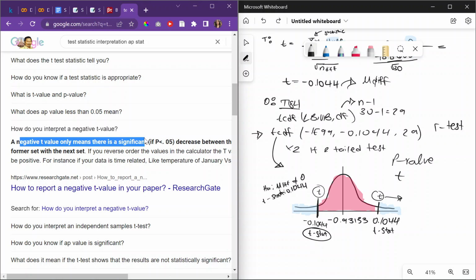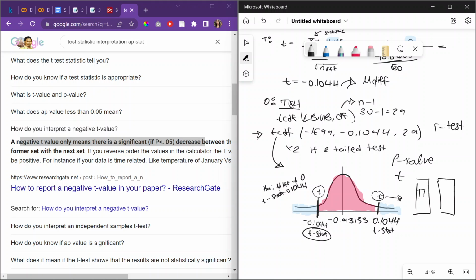A negative t-value only means there is a significant decrease between the former set and the next set. So does that mean, well, I do have a negative, right? So I'm assuming treatment 1, treatment 2, and if this is a negative overall t-stat, then that means there was a significant decrease in distance.